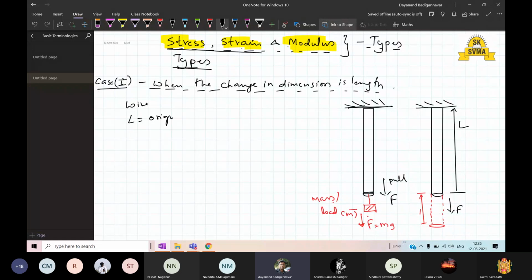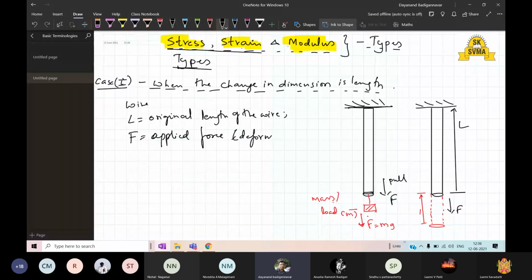So once you apply the force, this is the original wire, one end is fixed. I apply the force. This is the applied force. It's also called the deforming force.